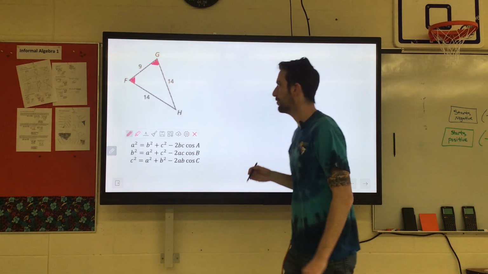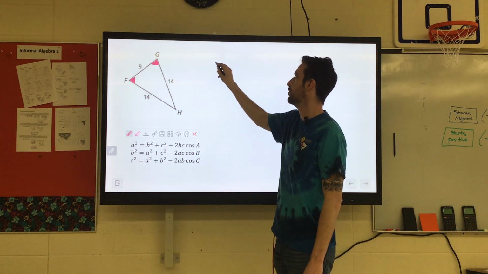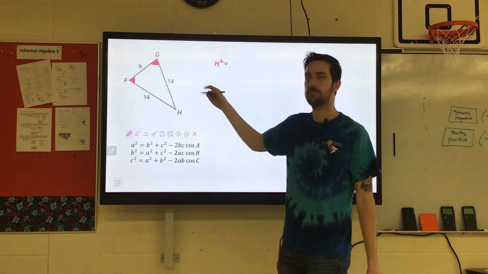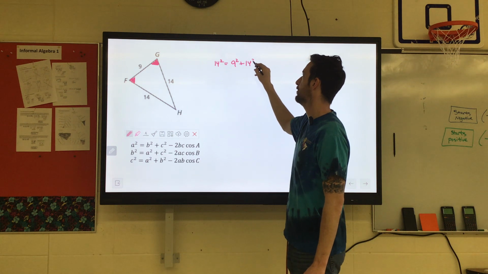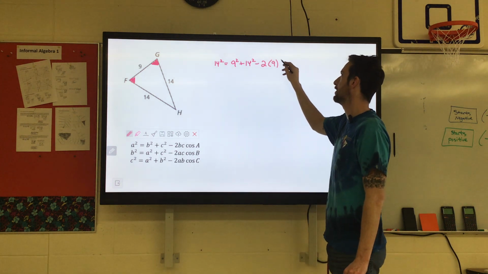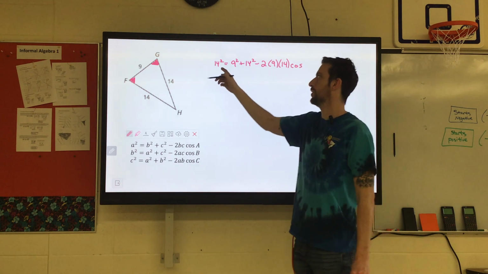Let's go for F. So F's corresponding side is 14. So we'll put that by itself. 14 squared equals the other two sides squared. 9 squared plus 14 squared minus 2 times those same numbers, 9 and 14, times cosine of that corresponding side.